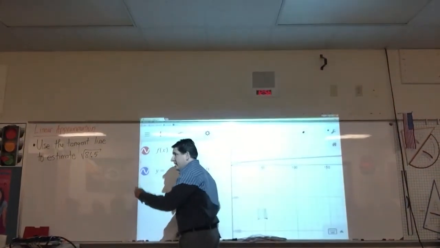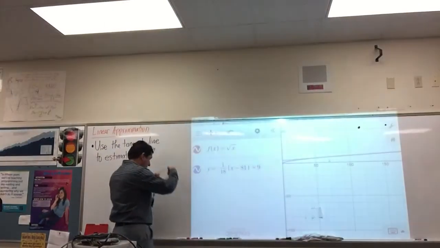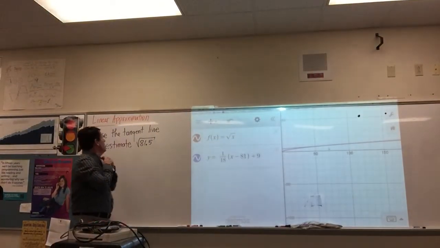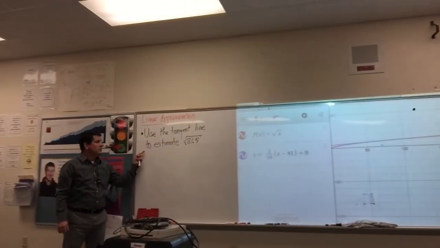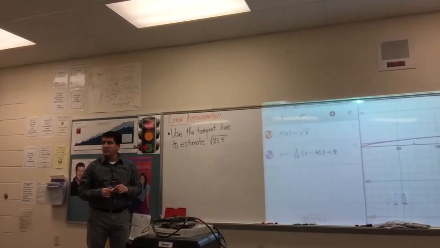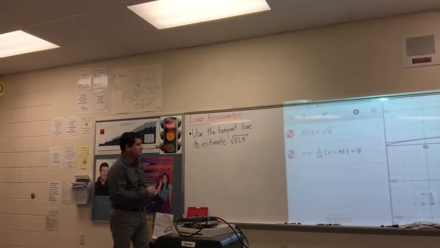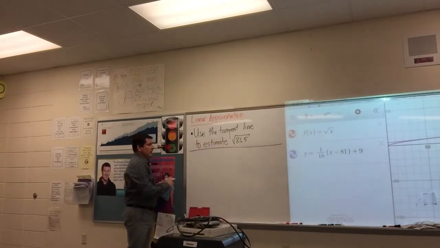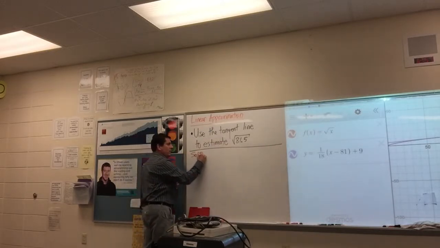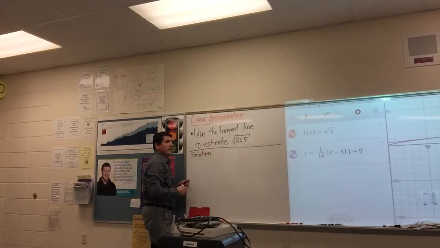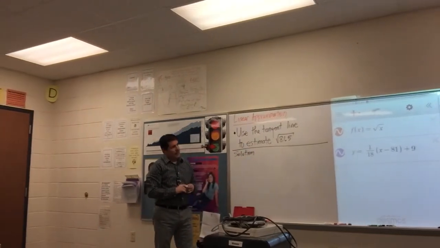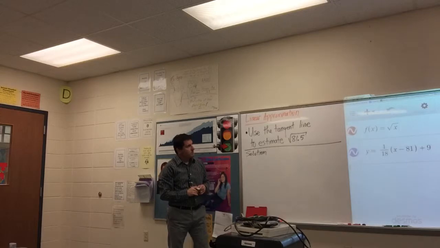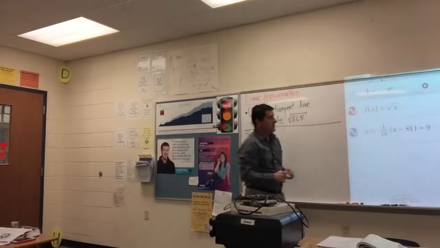All right, hit the light there. So our goal is to use the tangent line to estimate the square root of 81.5. That's what we're going to do right now. So what we're going to do is write the equation of the line tangent, and we're going to do it at x equals 81.